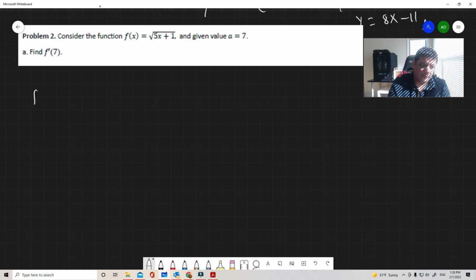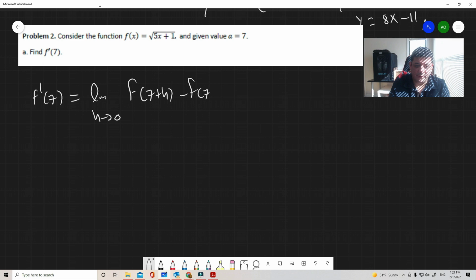Because I want to use the other formula, I'm going to use the limit as h goes to 0 of f of 7 plus h minus f of 7, over h. And so I plug in 7 plus h.